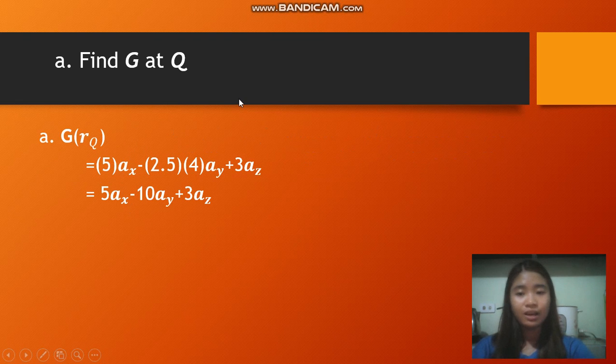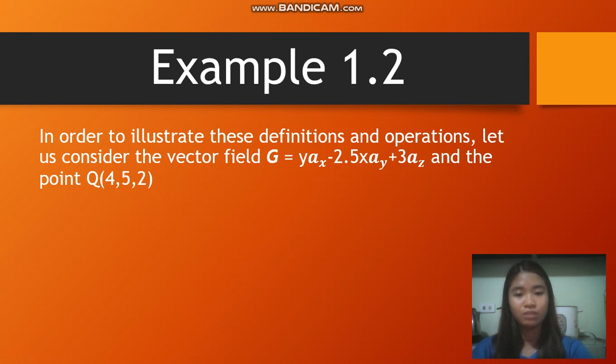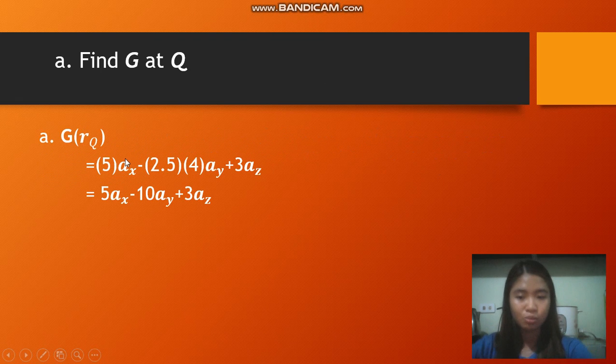Madali lang, isa-substitute lang naman natin yung mga points. Ang G dito is y a sub x minus 2.5x a sub y plus 3a sub z. Ang value ng y natin is 5, so 5a sub x plus negative 2.5 times a sub y.